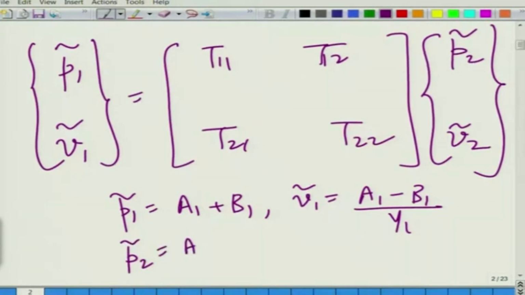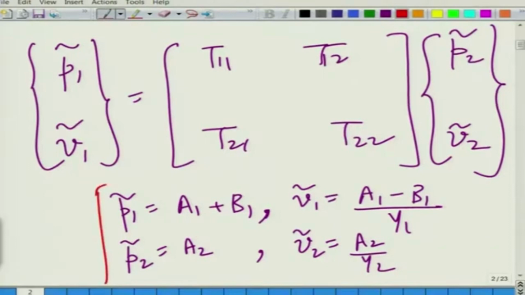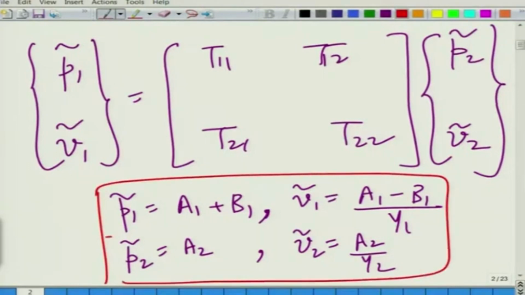P2 is nothing but A2, and V2 is A2 by Y2. So, what we are going to do is substitute these expressions here and then worry about what happens next.